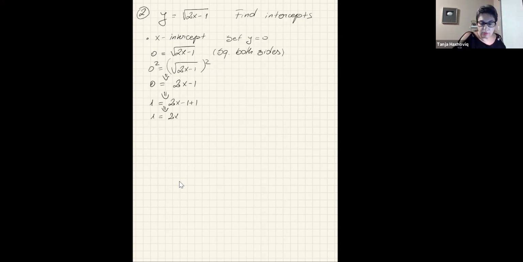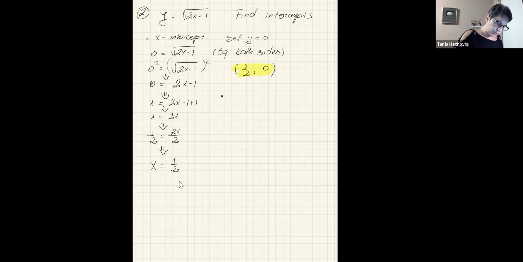To get x by itself, I divide both sides by 2. So 1 over 2 is equal to 2x over 2. And this means that x itself is equal to 1/2. So the x-intercept is the point (1/2, 0). That is your x-intercept.